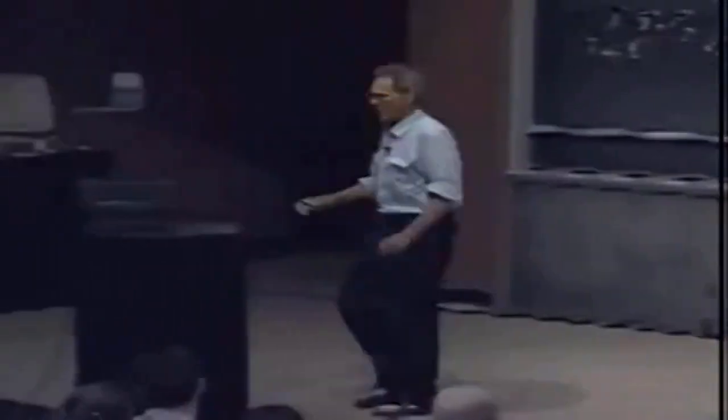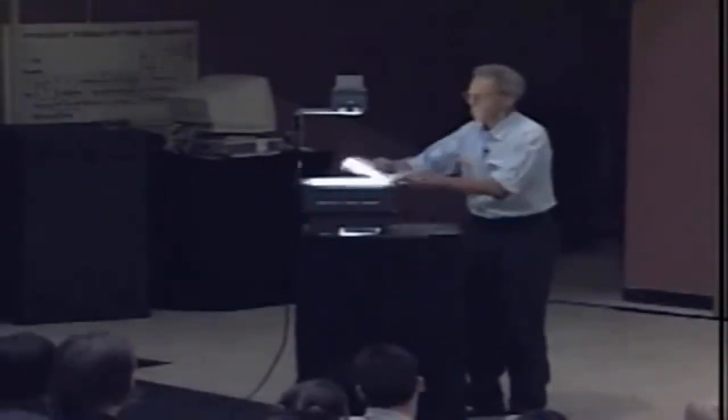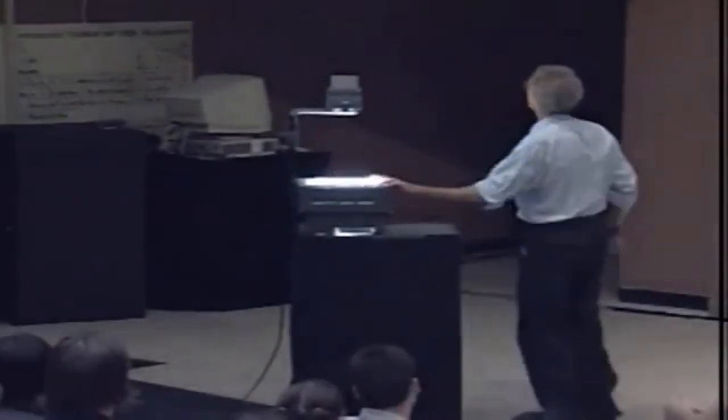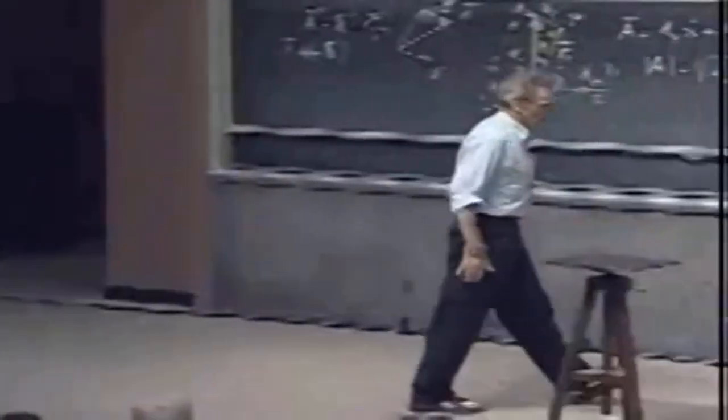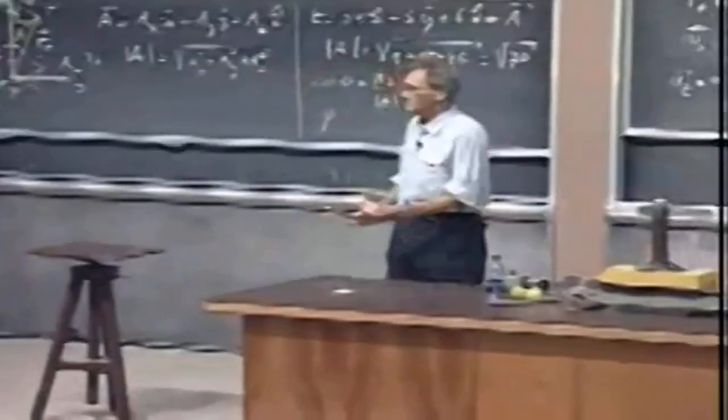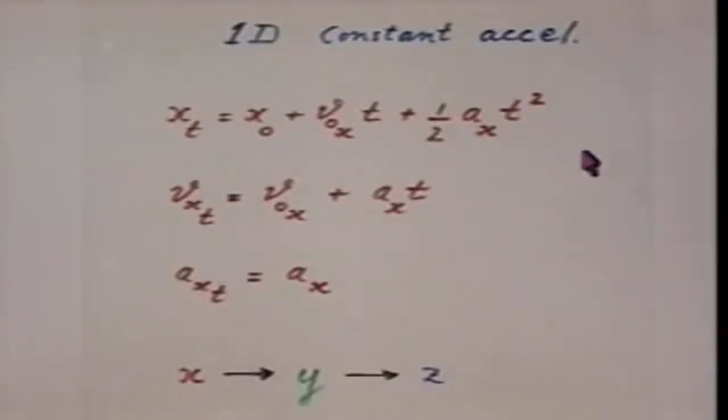We know the equations so well from our last lecture, from one-dimensional motion with a constant acceleration. The first line tells you what the x position is as a function of time. The index t tells you that it's changing with time. It is the position at t equals 0 plus the velocity at t equals 0 times t plus 1/2 a_x t squared, if there is an acceleration in the x direction. The velocity immediately comes from taking the derivative of this function, and the acceleration comes from taking the derivative of this function.